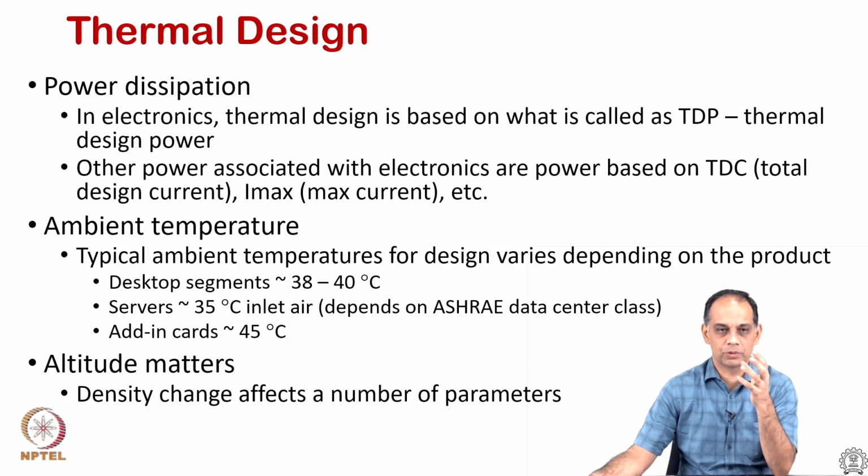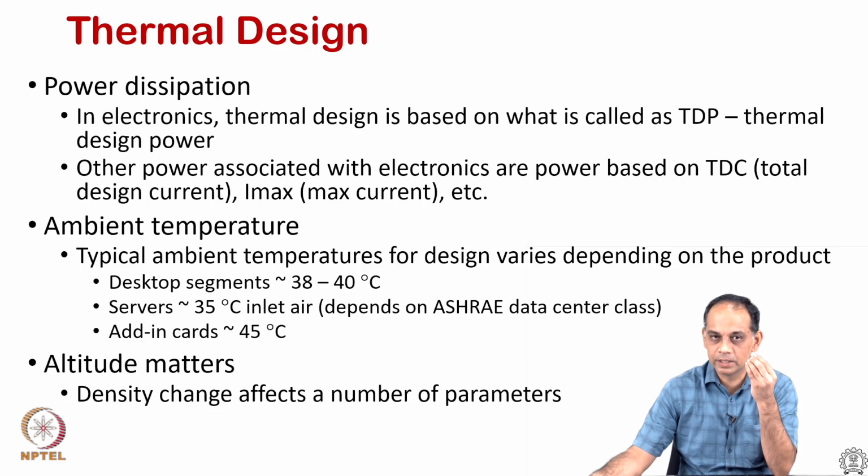In typical terms, the power dissipation for thermal design is often called design power or thermal design power, or TDP. These are quoted in all the data sheets by whoever manufactures a processor or any silicon device. They have to quote this TDP, and there are additional things in terms of transient requirements.